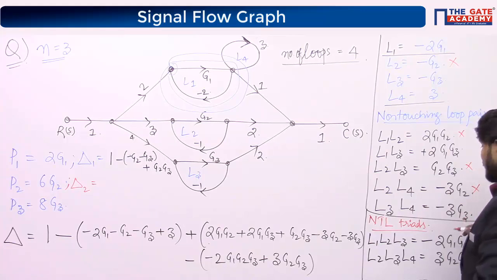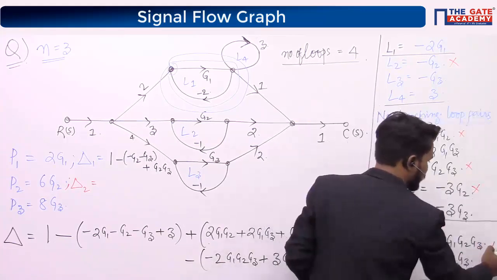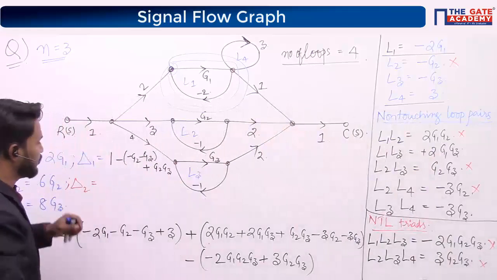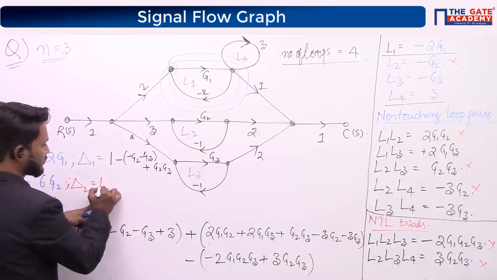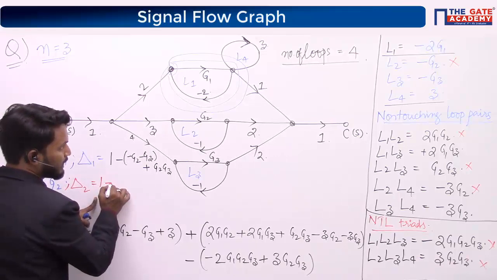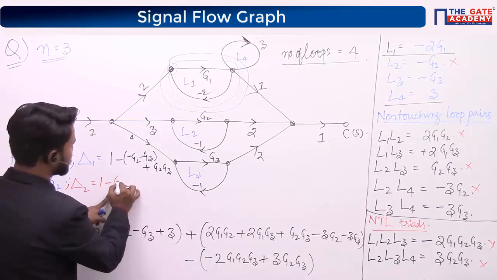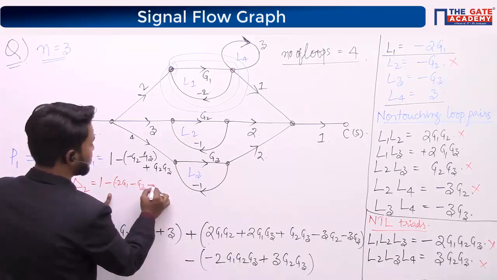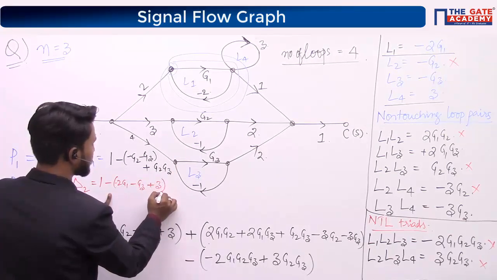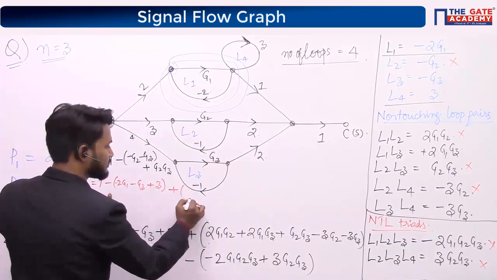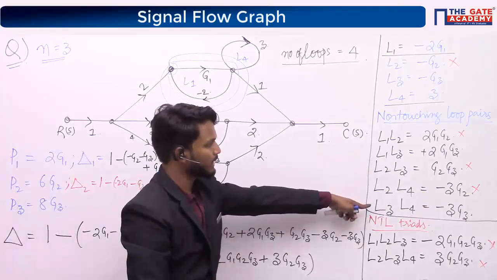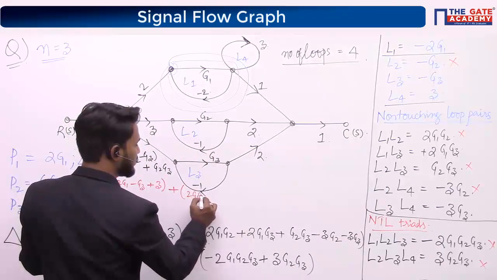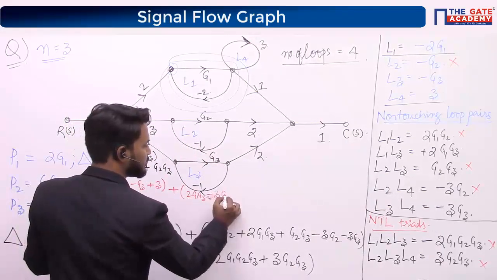In both of them, you have L2, you will eliminate this. Therefore, delta 2 is equal to 1 minus G1 minus G3 plus L1 L3 L4, plus G1 G3 minus G2.